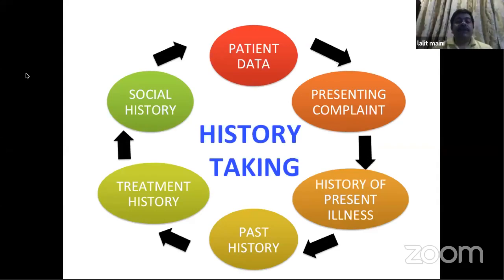So history taking in a hip case would, as in all other scenarios, move around these pillars, which are patient data collection, the presenting complaint, the history of present illness, past history, the treatment history, and the social history. So you move from the patient data and end your history taking with the social history.